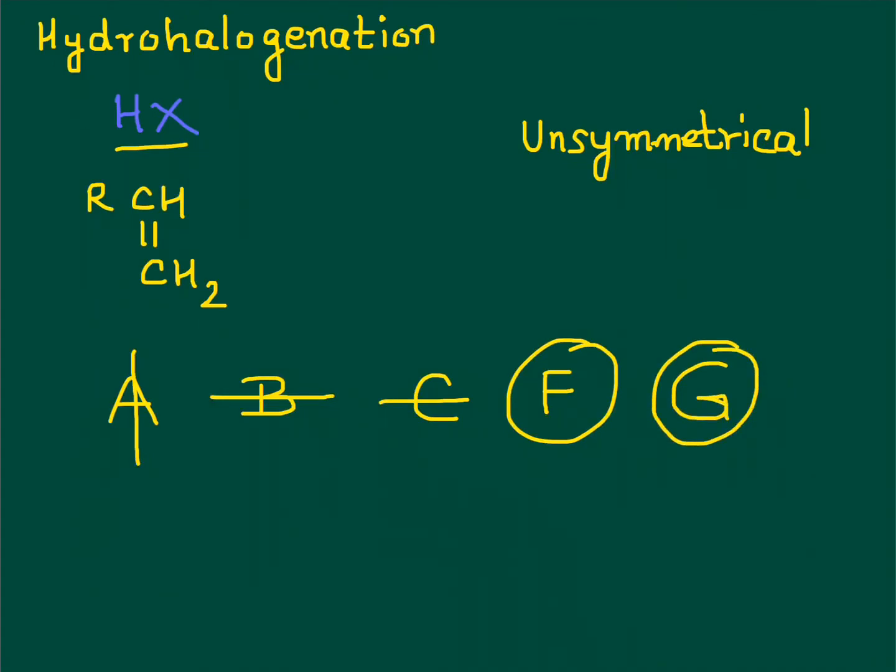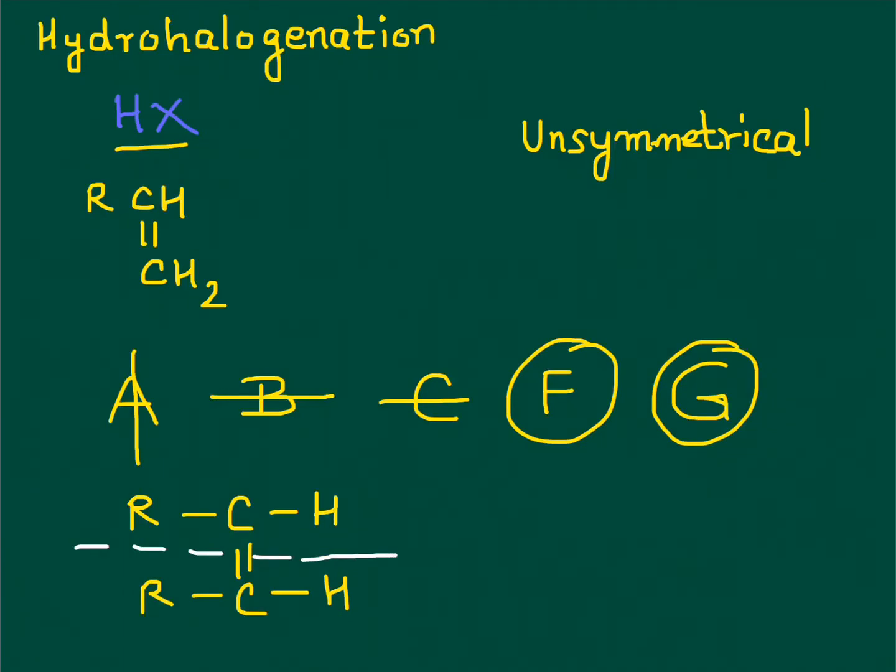No. So symmetrical means when across the double bond, so you have these two carbon atoms, if the groups attached are same. So let's suppose I have RR here. So if you notice, the two parts over here are mirror images of each other.